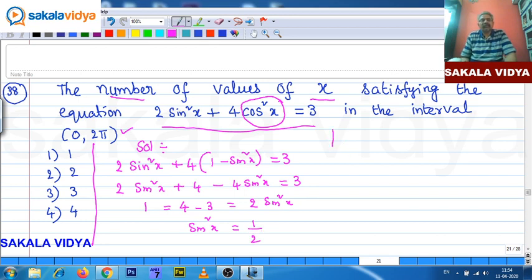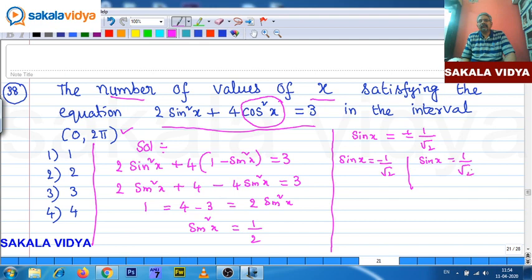So now we get sin x is equal to plus or minus 1 by root 2. We get two solutions: sin x equals minus 1 by root 2 and sin x equals plus 1 by root 2. Here x must belong to the closed interval 0 to 2 pi.